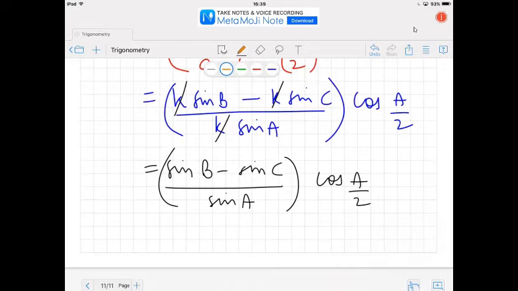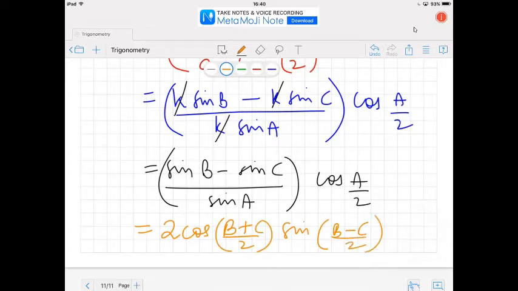That is equal to 2 cos (B plus C) by 2 into sine (B minus C) by 2. And I'm going to use the half angle formula in the denominator.